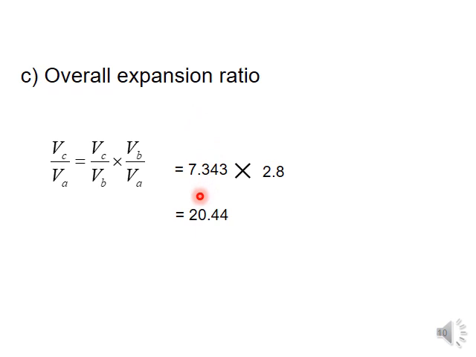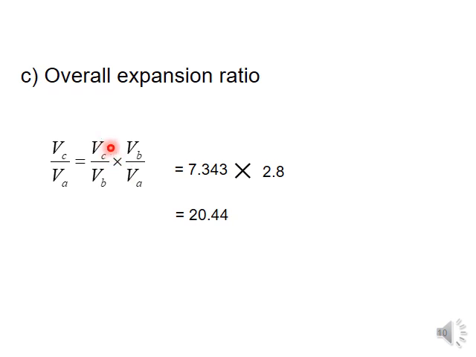By seeing the PV diagram, we can tell the overall expansion is Vc by Va. Simply multiplying and dividing with Vb, we get Vc by Vb into Vb by Va. If you cancel Vb by Vb, it remains Vc by Va.